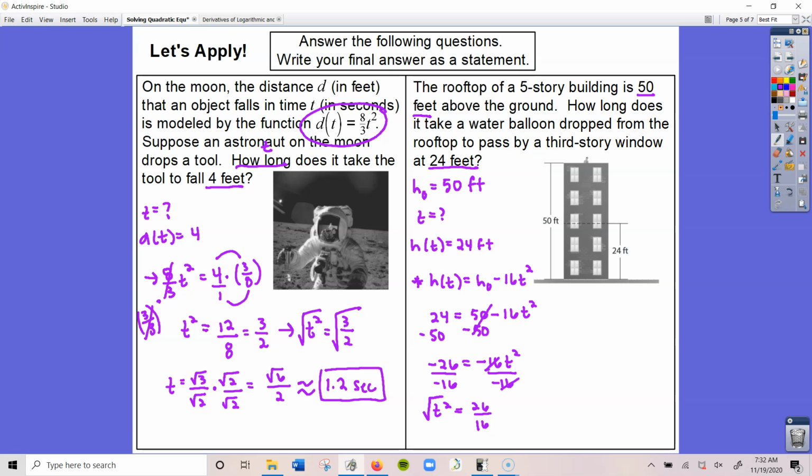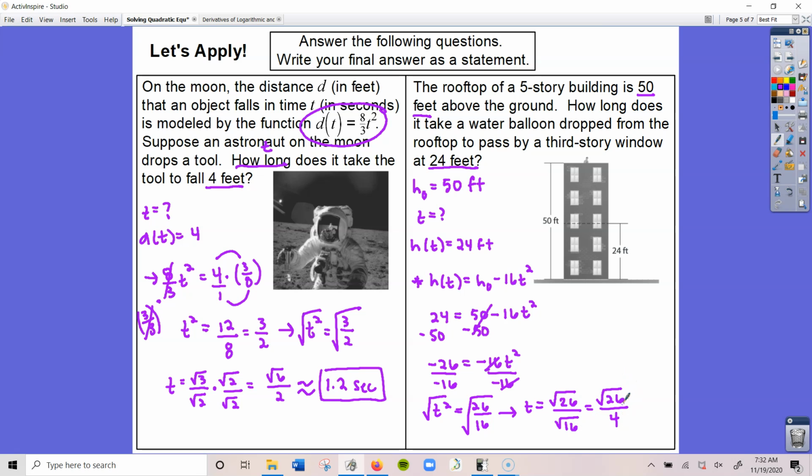And finally, I would square root both sides. And now I get that t is equal to, remember, not plus or minus because there's no negative time, square root of 26 over the square root of 16. Now I don't know the square root of 26, so I'm going to leave that as the square root of 26, but the square root of 16 is 4.